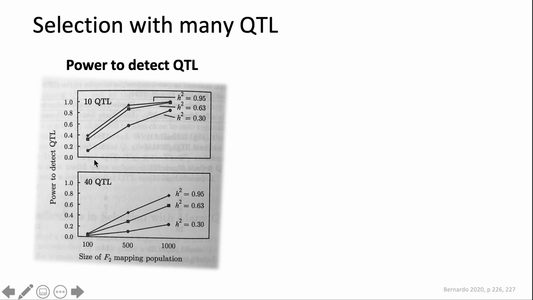But when we have more QTLs, in this case 40 QTLs in this trait, you can see that when we have 1,000 individuals, the power is 0.2. And when the heritability is 0.95, which means that just 5% of the variation is due to environmental factors, you can see here that with 1,000 individuals we are going to have a power to detect the 40 QTLs of just 0.8.